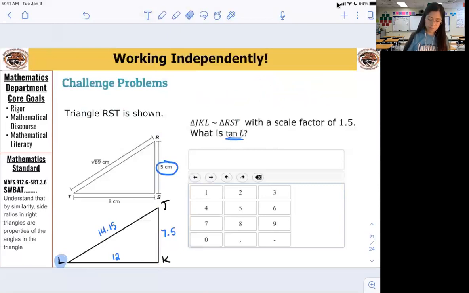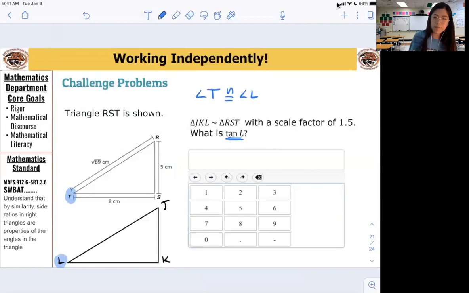Perla, what did you do? I didn't even do the scale factor. I just took the tangent of t, and that's how I got my answer. You're right. Because angle t is congruent to angle L. They're the same because you have a similar triangle.